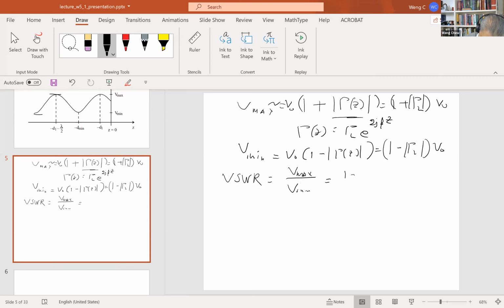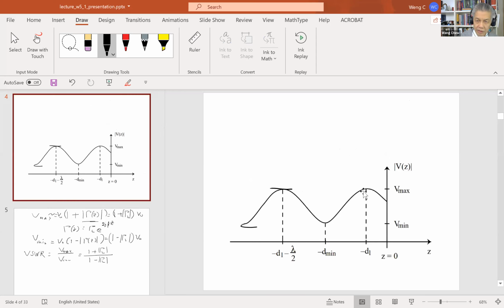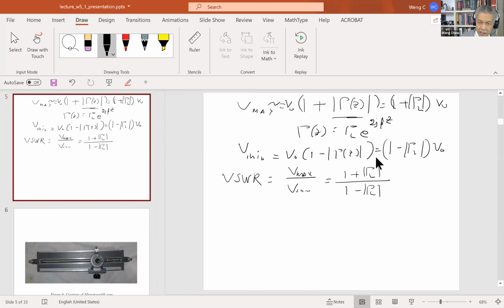It is going to be 1 plus gamma L over 1 minus gamma L. So you can measure the voltage standing wave ratio by measuring this voltage pattern. You can figure out where Vmax and V min are, and from that ratio, you can figure out the VSWR. And from the VSWR, you can figure out gamma L. So VSWR gives you the magnitude of gamma L, and D1 gives you the phase of gamma L.